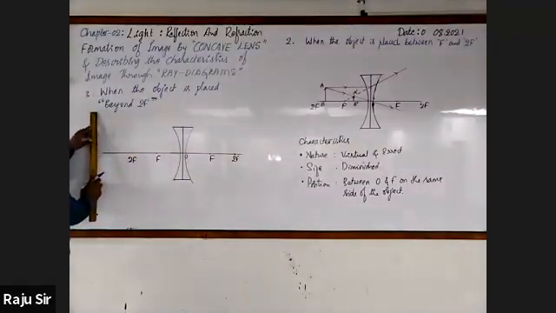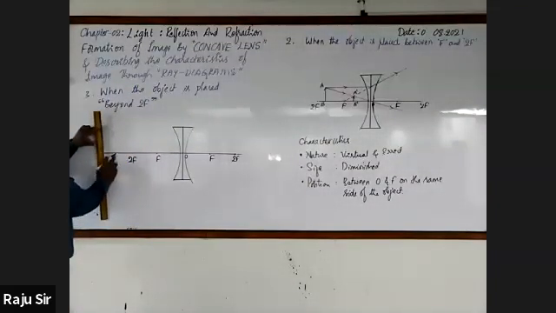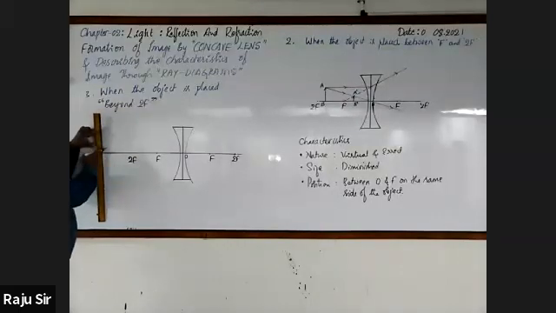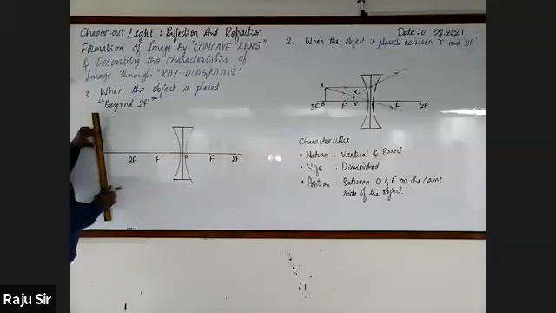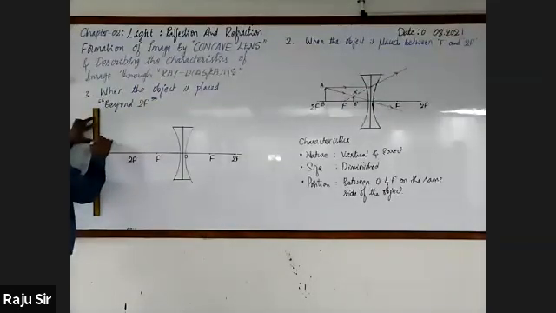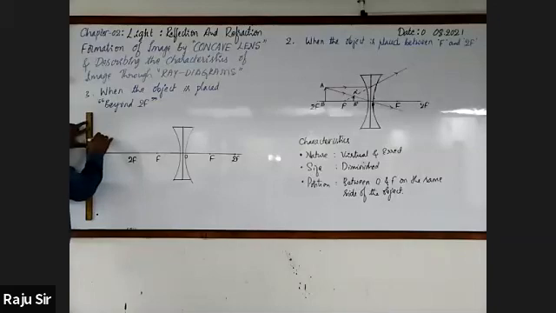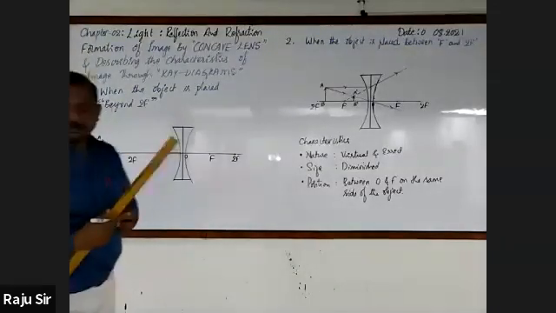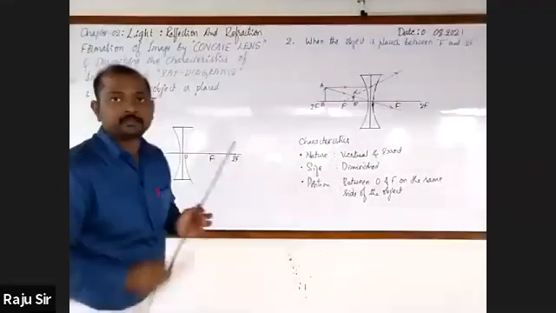Let us place the object beyond 2F. You may place that between 2F and 3F, or at 4F, 5F. This is the object. You may name this as AB. Next, first ray.